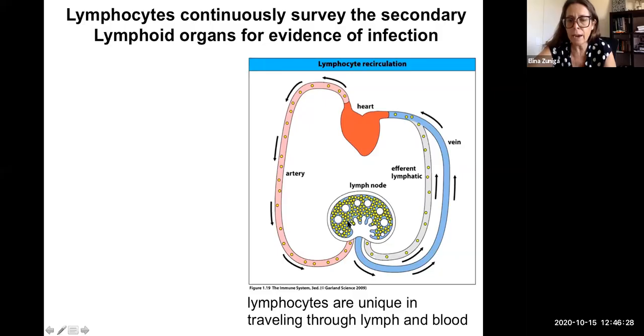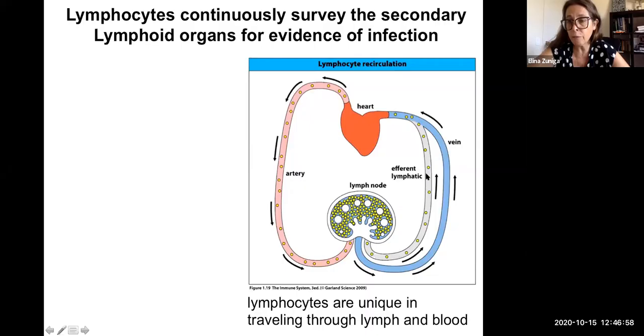And then in the lymph node, they will search for potential antigens that would engage them. Okay, if they don't find any antigen, then they will leave the lymph node via the efferent lymphatic, okay? That's how they leave, these yellow little lymphocytes.